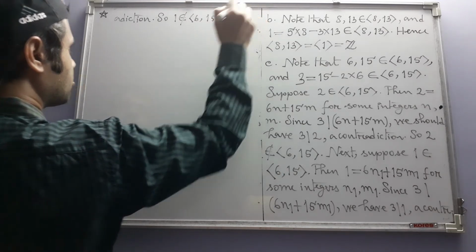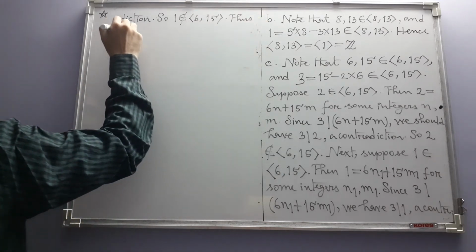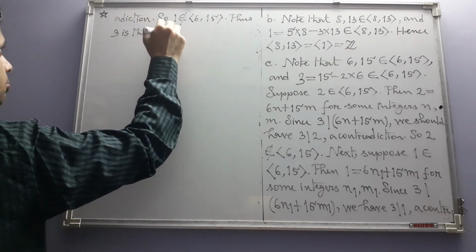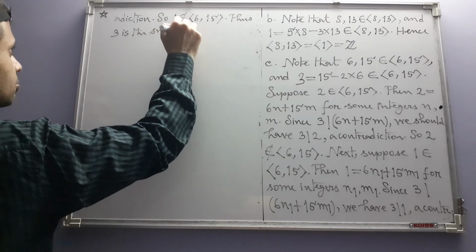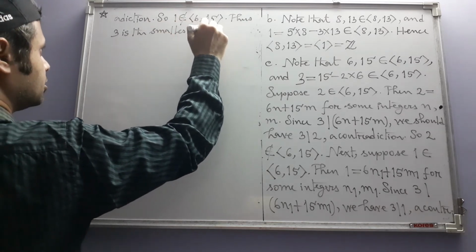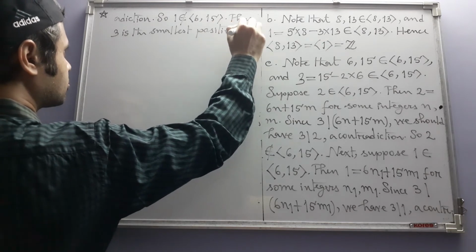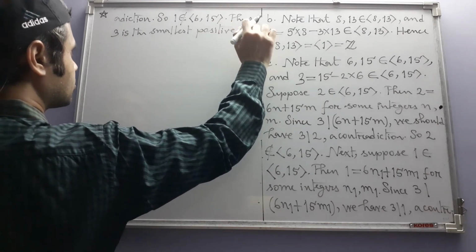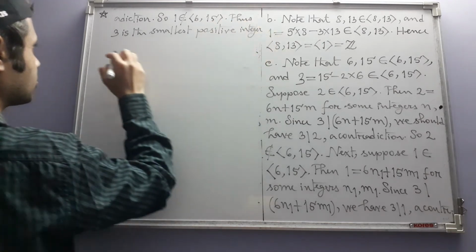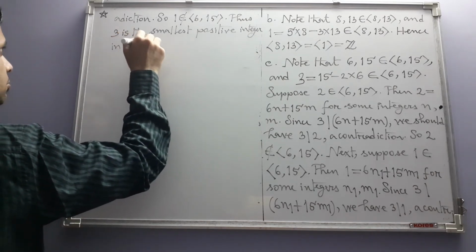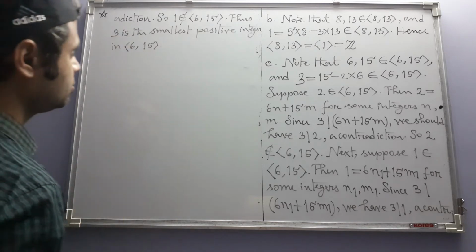Thus 3 is the smallest positive integer in the subgroup generated by 6 and 15.